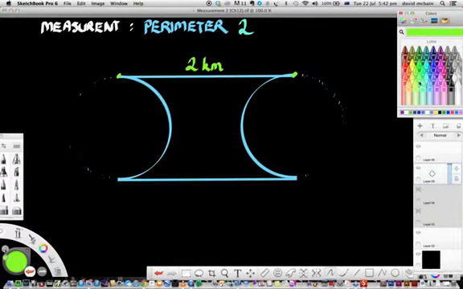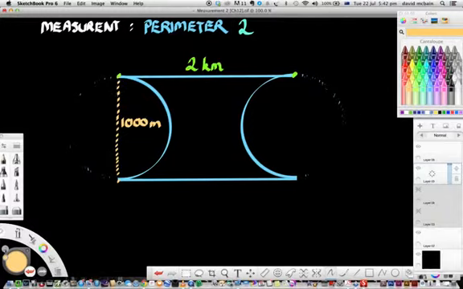I'm going to say that the distance from here to here is 1,000 meters. So the distance from there to there is 1,000 meters. From there to there is 2 kilometers.